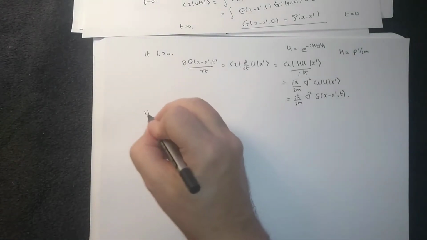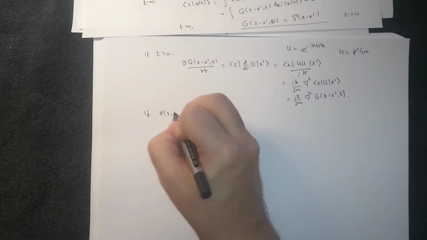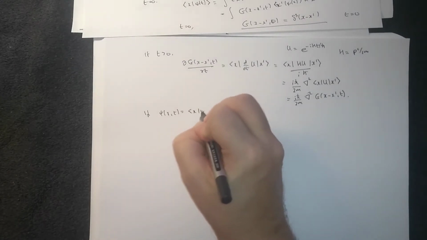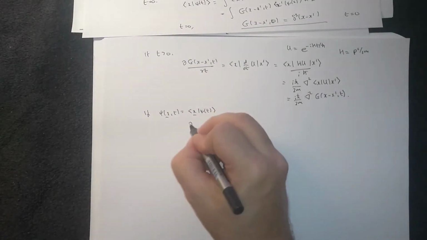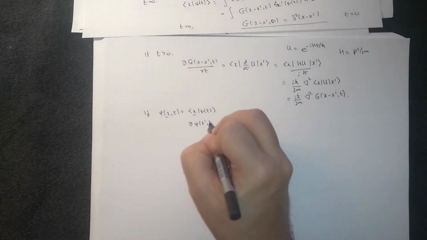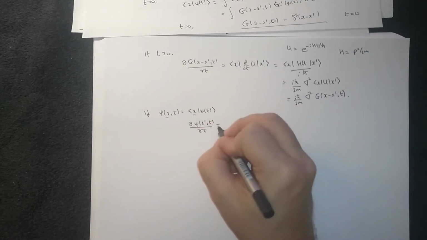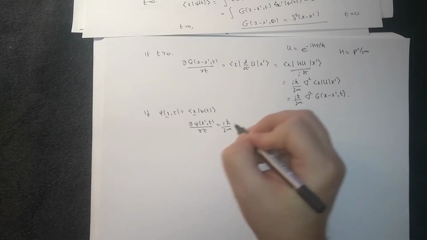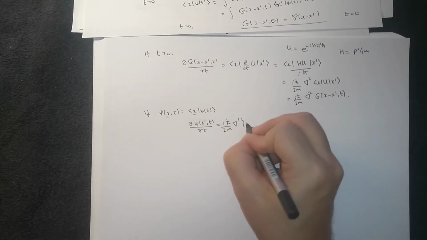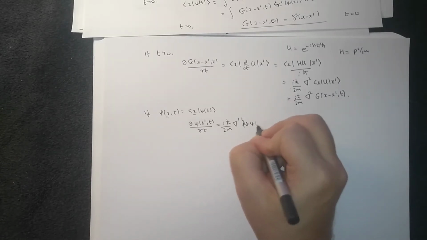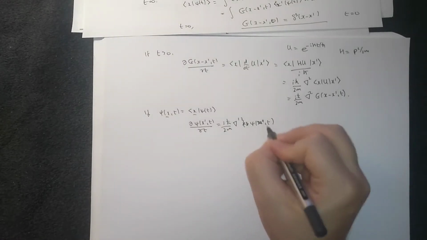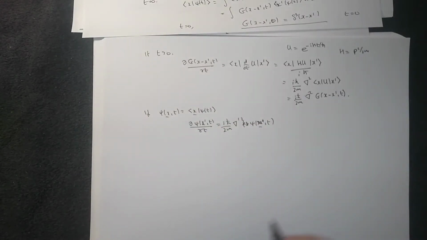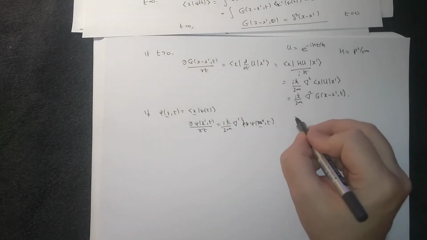Now, if psi of x and t is a solution to the Schrödinger equation, then we have, I think this is x prime there, and I'll just rewrite what I've got here.